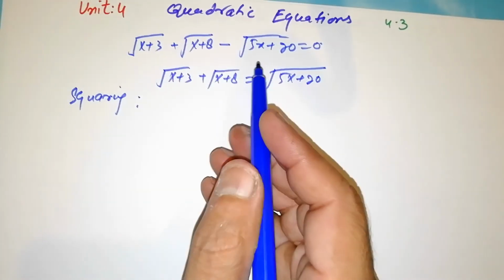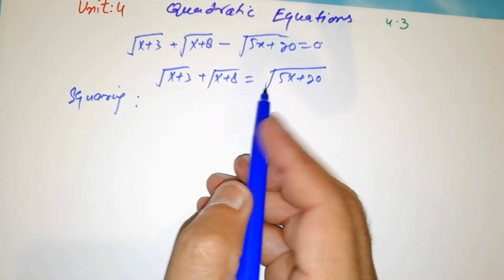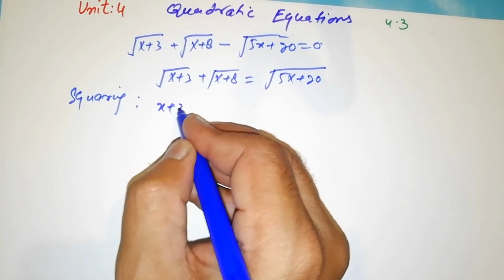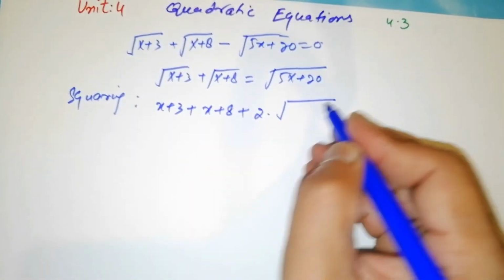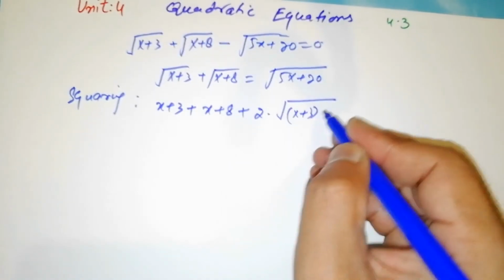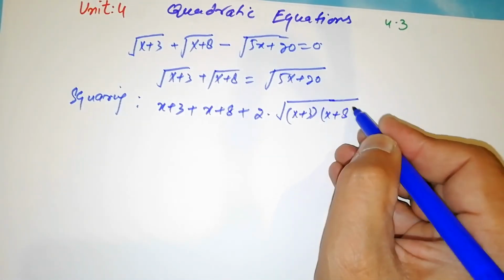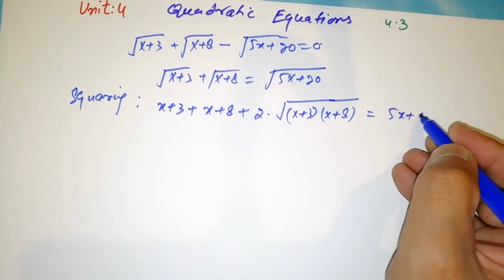You square the whole equation. So we have x + 3 + x + 8 + 2√((x + 3)(x + 8)) on the left. On the right hand side we have this term.